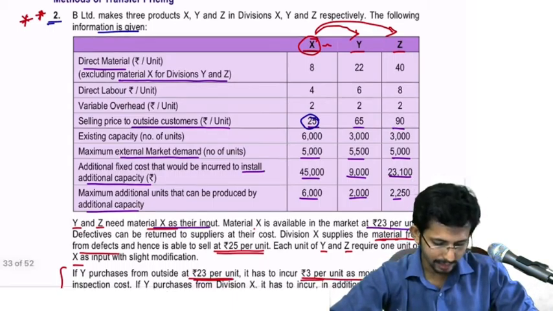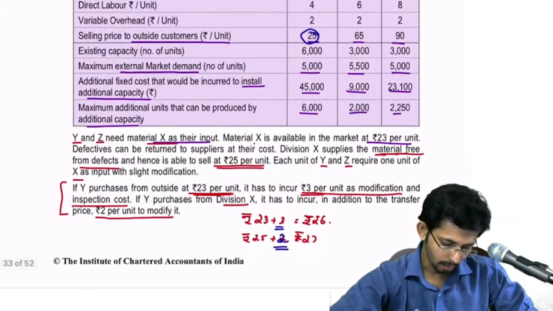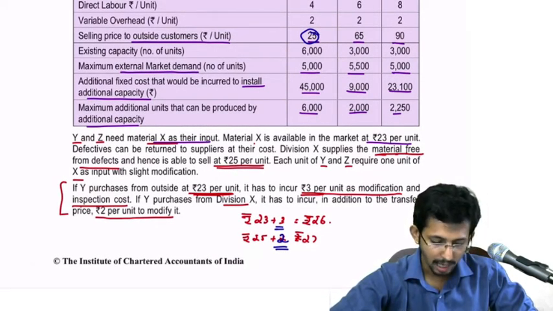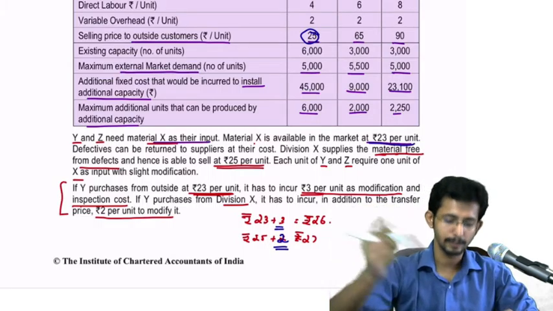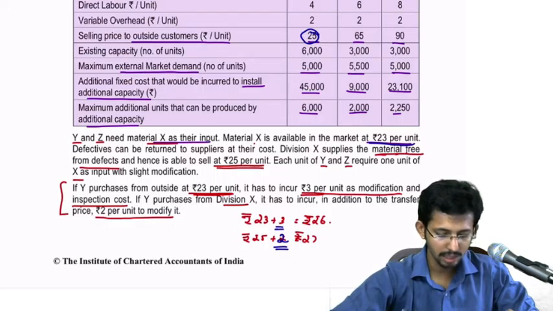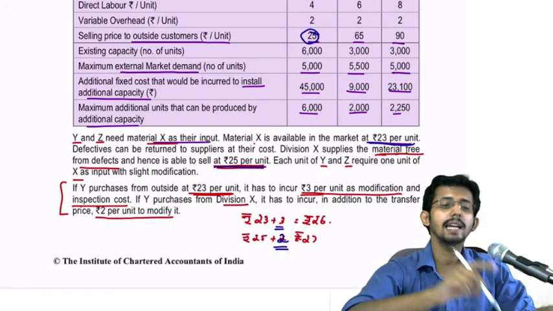Nowhere it is mentioned that they are going to sell it at 25 itself. Now here there is information which says that Y and Z need material X as their input. Material X is available in the market at rupees 23 per unit. That is the substitute cost. Now defects can be returned to suppliers at their cost. Division X supplies the material free from defects and hence it is able to sell at 25 per unit. To whom? In the external market only.